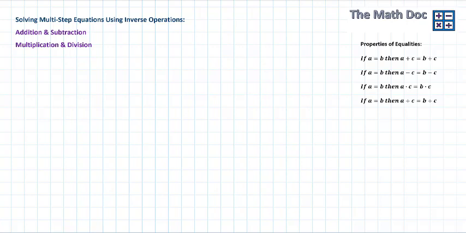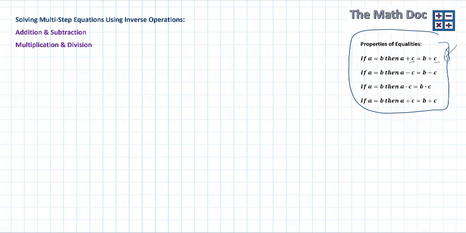So to begin with, a quick reminder that when we look to solve equations or equalities, we have certain properties that we use. Here they are on the right. There we have the addition property, where we say if we add the same number or the same variable to both sides of the equality, then the equality holds. So if A equals B, then A plus C equals B plus C, where we've added the same number, C, to both sides.